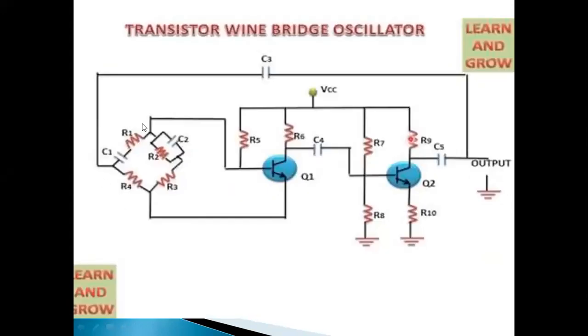So here we have the circuit. So this is the feedback network and this is the basic amplifier. Okay. So the output from this terminal is given as input to this feedback network, and this is the output from this feedback network. Okay. So this is the input point, this is the output point.